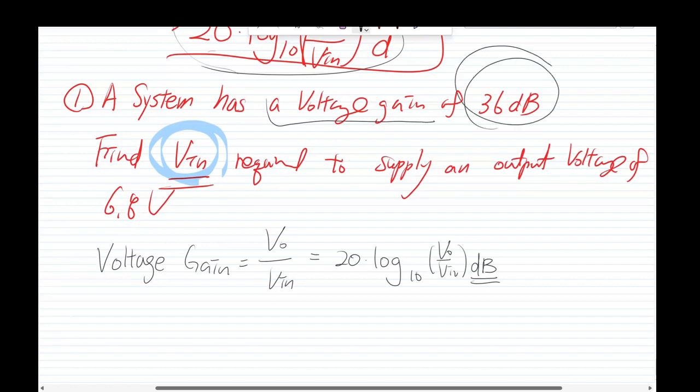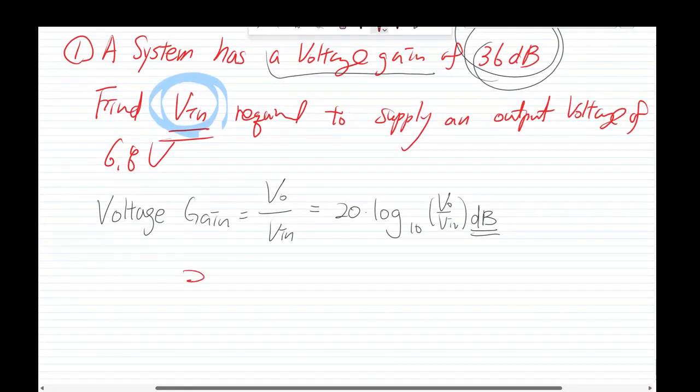Now that point, 36 dB for that one or that one? That one. Why? If you wanted to use the dB, you have to use it in that formula. So that means what 36 dB means.